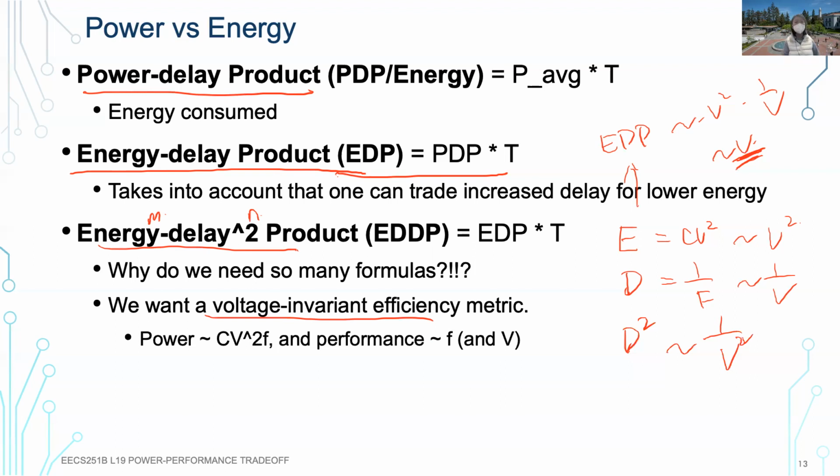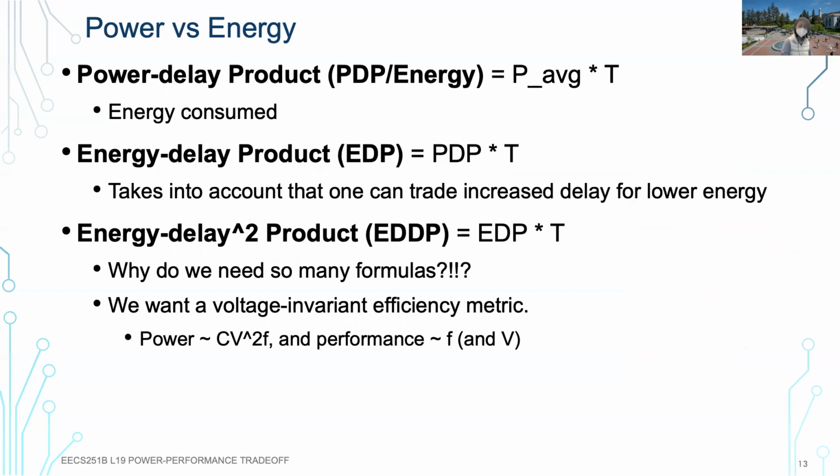If voltage scaling can do it, we'll talk more about voltage scaling. It is a very important trick in the metric and optimization area when we think about delay optimization. But the whole idea behind the energy delay product is that metric drives the decision, so we want a metric that is invariant to voltage so that we can focus on the idea.